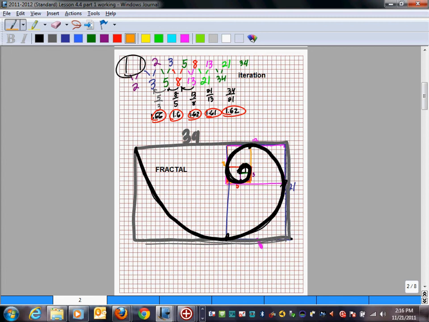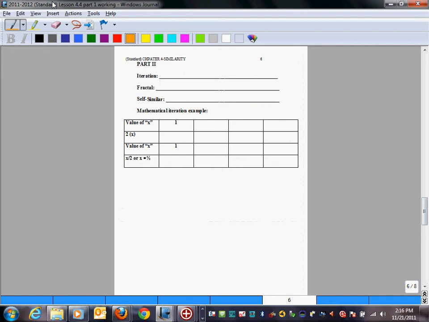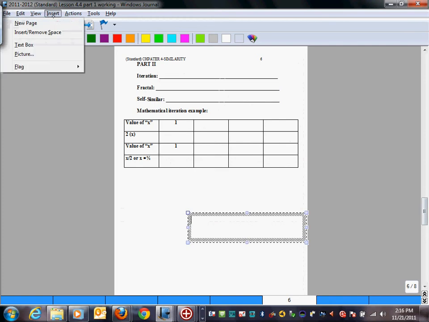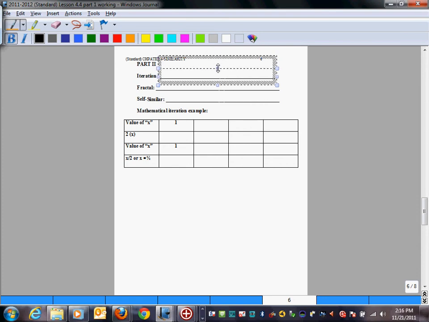When you're writing this, I'd like you now to flip to page 6, please. I have a line. Annalise was next. Okay. Under iteration, page 6. Write this. Repeating math equation.